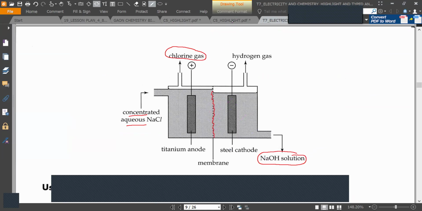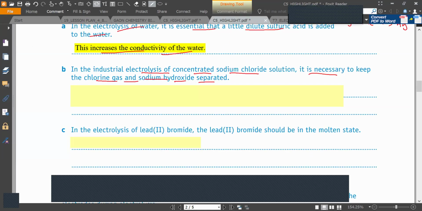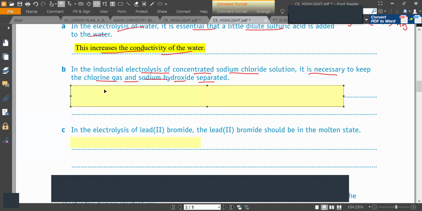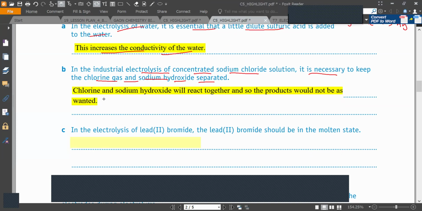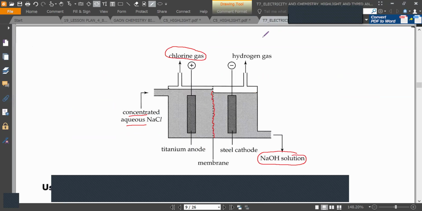So why do we do that? Because they will react together and the products would not be as wanted. So we want to separate them so they do not react together. Let us see how it happens.